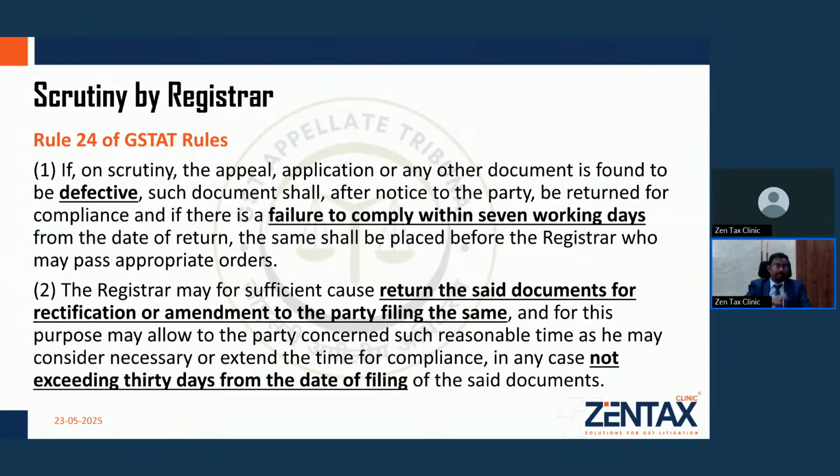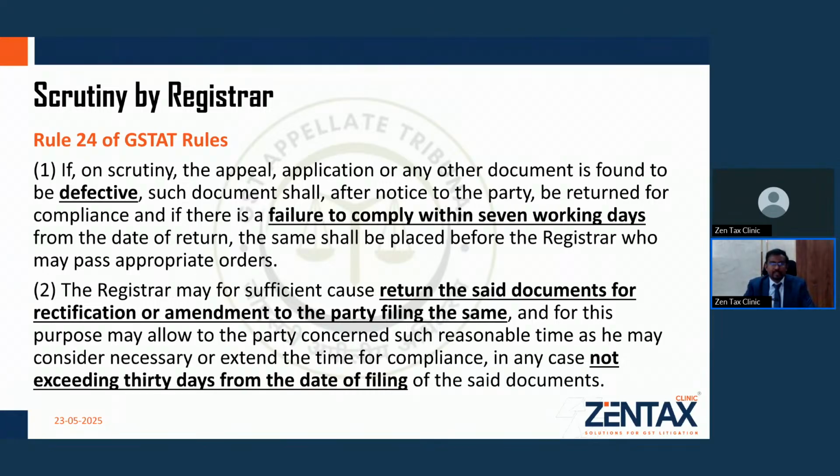Before we complete rule 21, we also reflect back to rule 24 of the GST rules, which goes to say, if on the scrutiny, every time the registrar is bound to scrutinize the appeal, when he scrutinizes the appeal, he finds that the appeal or the document is defective. Then he can provide time that it shall be rectified within a period of 7 working days from the date of return of the appeal document.